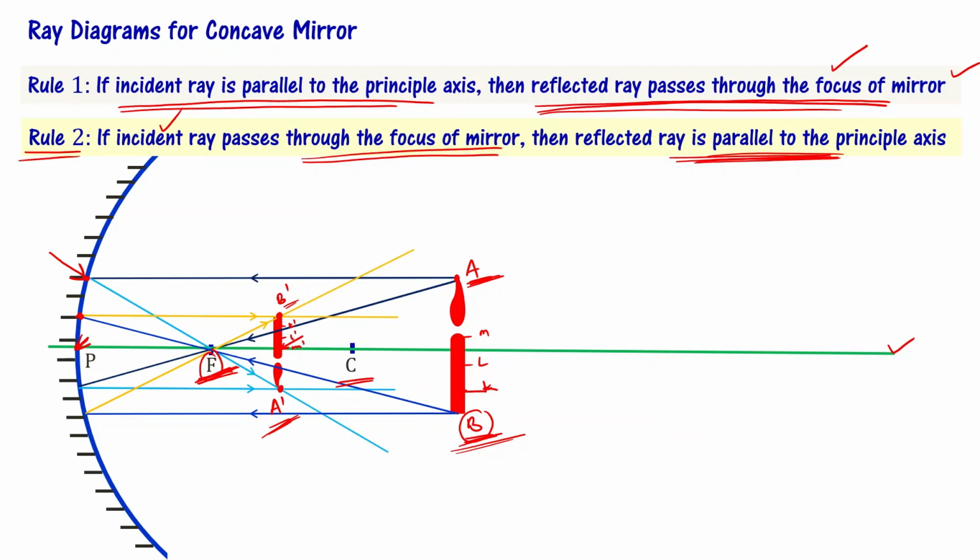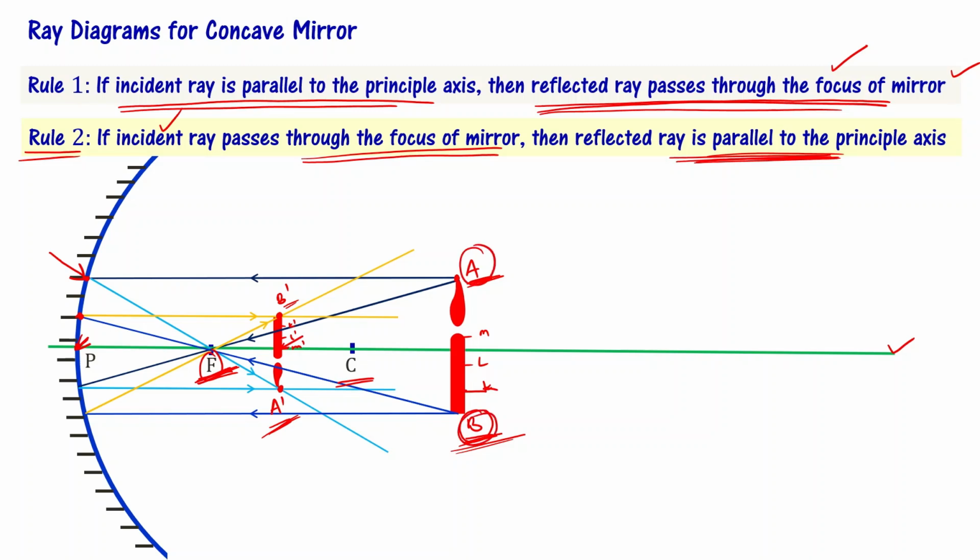That is one. And remember, here we have taken A and B as two separate points away from the principal axis. In general, we don't take point B away from the principal axis. We will be taking point B on the principal axis so that it becomes easy to draw ray diagrams. Here, you have done a set of rays for A and another set of rays for B, right?